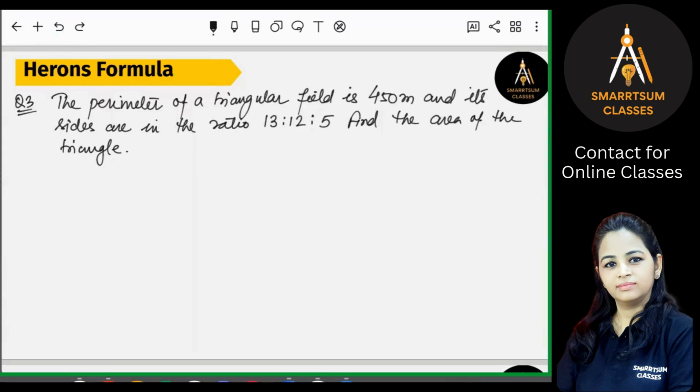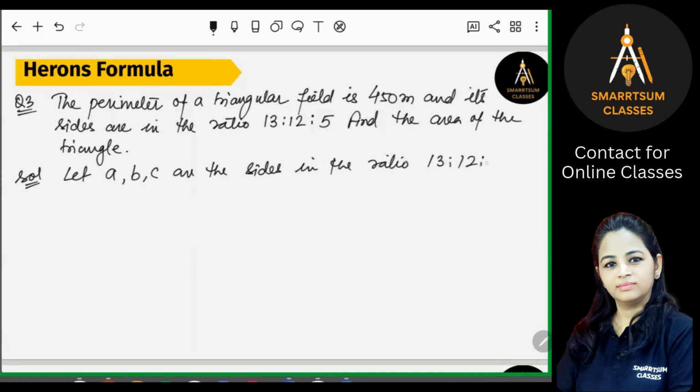So what we will do now in this case, suppose A, B, C are the sides, because the ratio is given. So you can write it in the ratio 13 is to 12 is to 5.